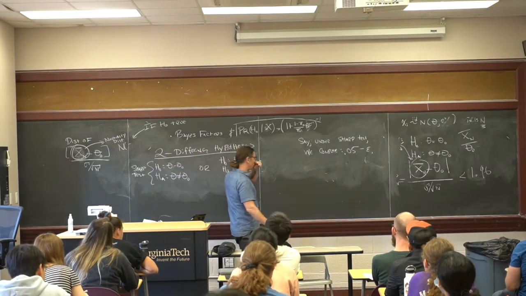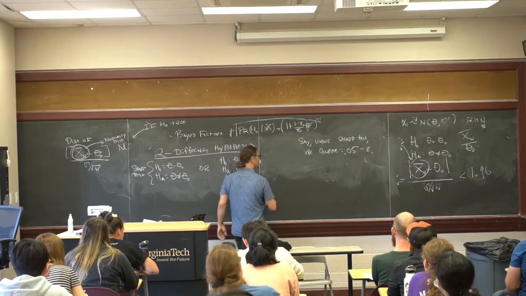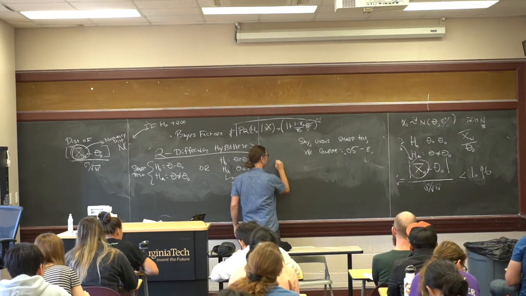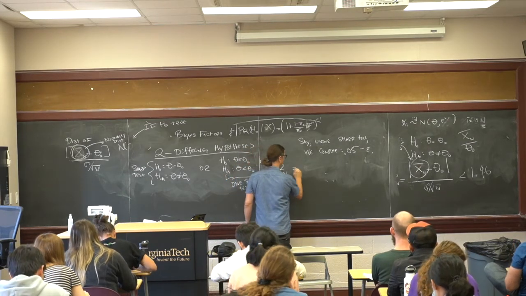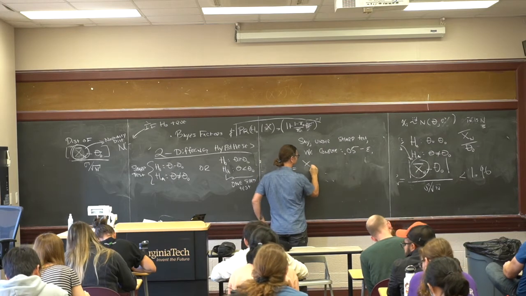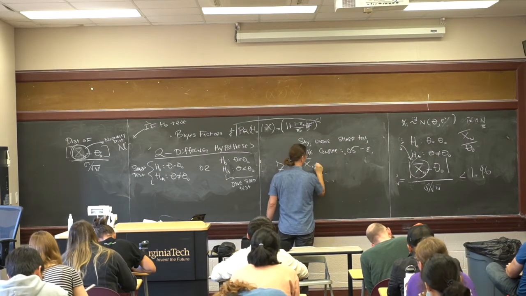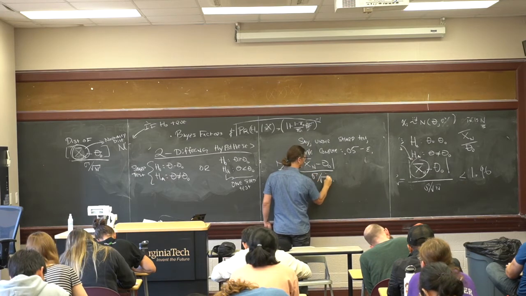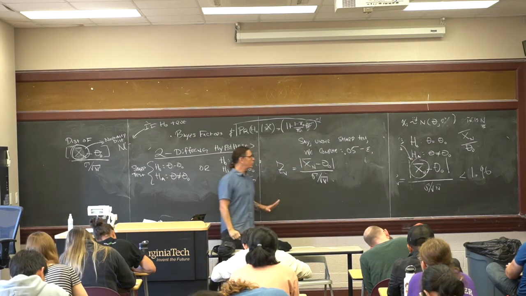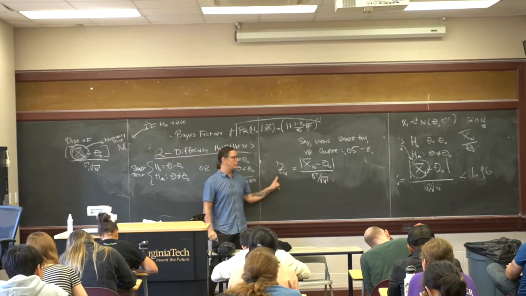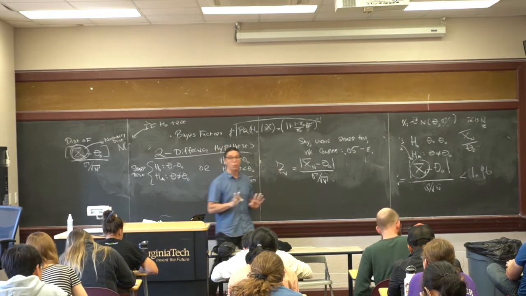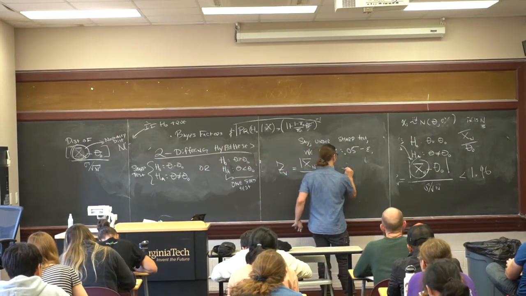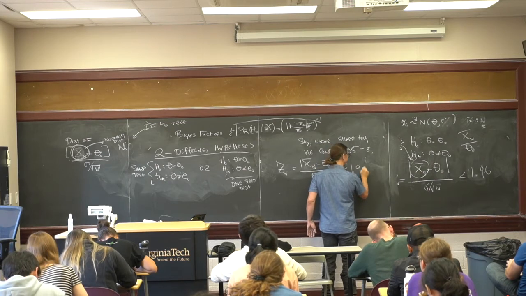So say under the Sharp test, we compute this. So what we've computed is Zn, which is xn bar minus theta naught over sigma over root n. So this is the number that we computed. We computed something that's very close to 1.96 to come up with this. So this was 1.96.